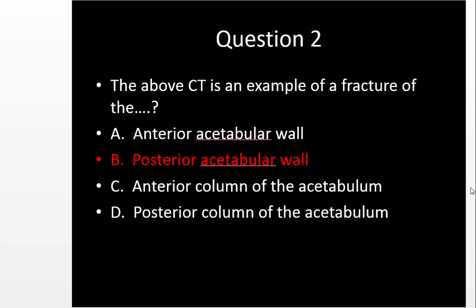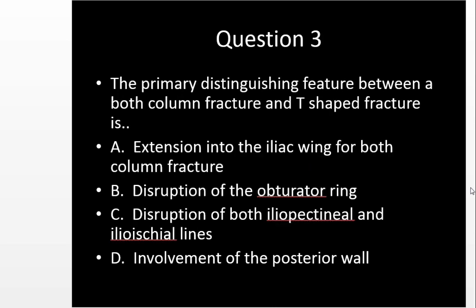This is a posterior acetabular wall fracture, the most common type of acetabular fracture that you will experience in your clinical practice. Question 3 deals with the algorithm that I showed you. The primary distinguishing feature between a both column fracture and a T-shaped fracture is what? Both of these types of fractures will disrupt the obturator ring, so it can't be that.